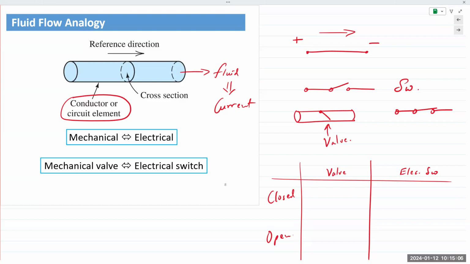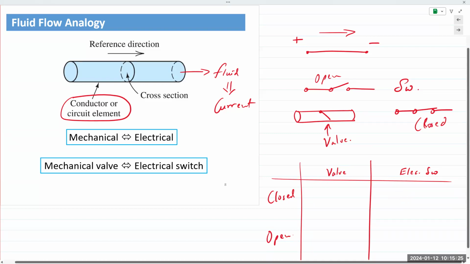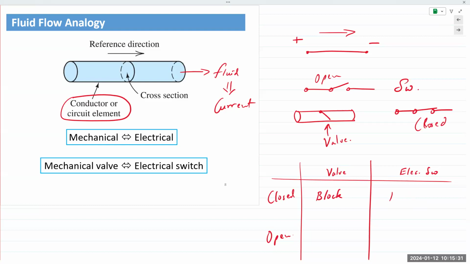An open switch, which is what you see here. So this is open. This is closed. So an open switch is going to block the flow. A closed valve is going to block the flow. A closed electrical switch will permit the flow.